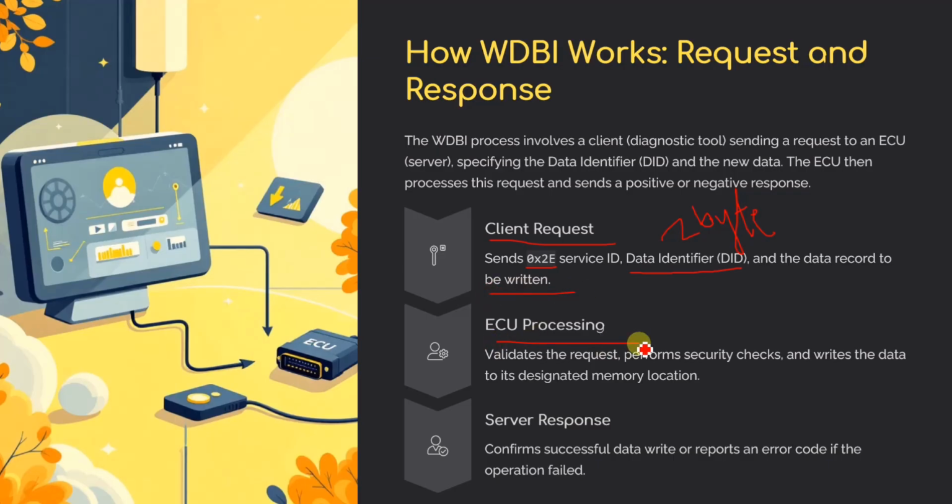It validates the request, whether it is a correct request or not, performs security checks, and writes the data to its designated memory location. Each DID comes with a unique memory location. So if you want to write data and use that DID, it will go to the memory location of that particular data and update the values you requested.